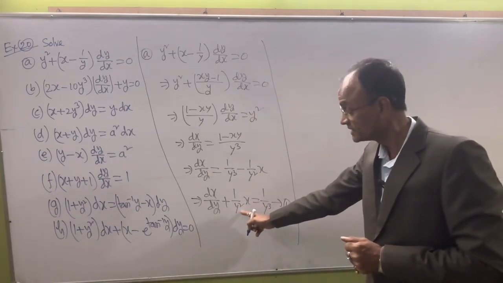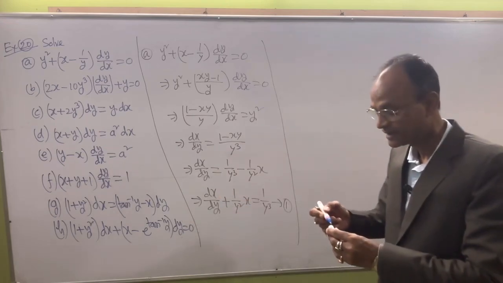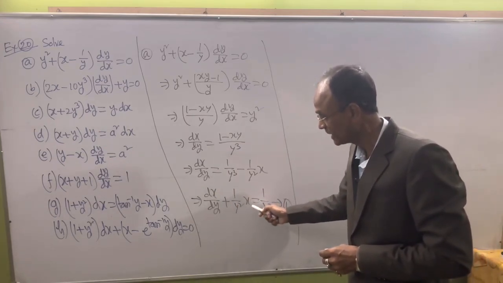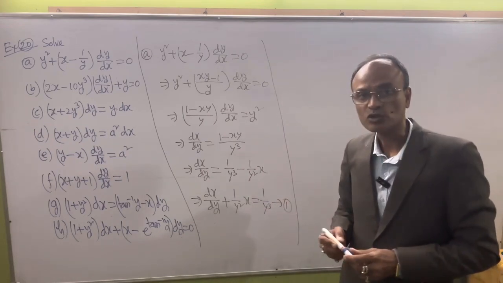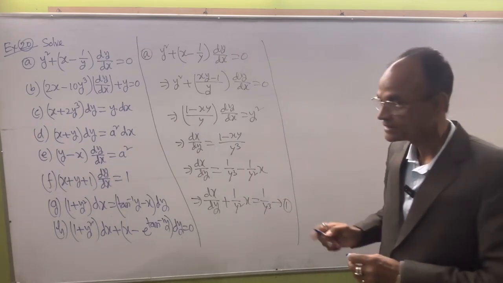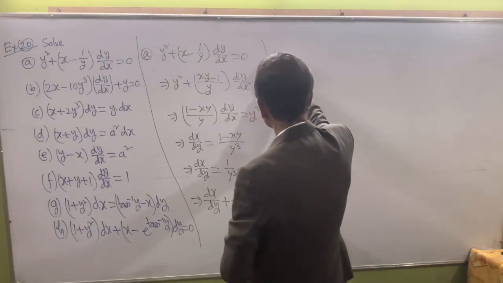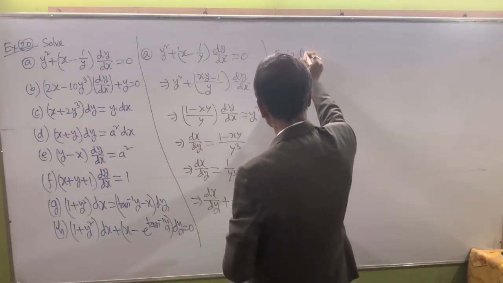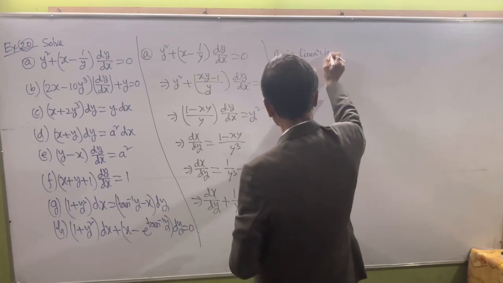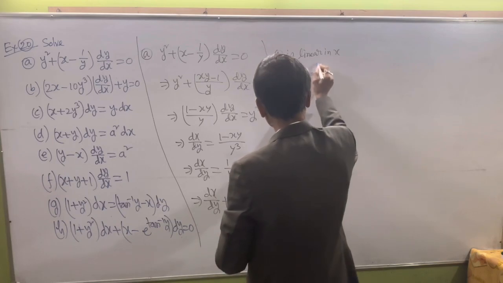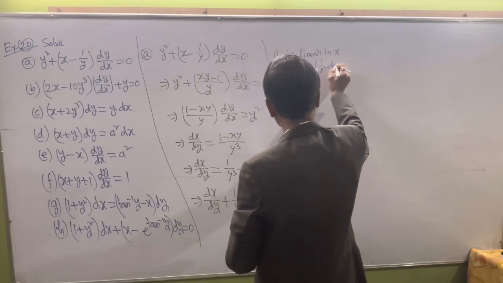This equation is linear in x: dx by dy plus a function of y into x equal to a function of y. Now, 1 is linear in x. Integrating factor equal to e to the power integral p dy.